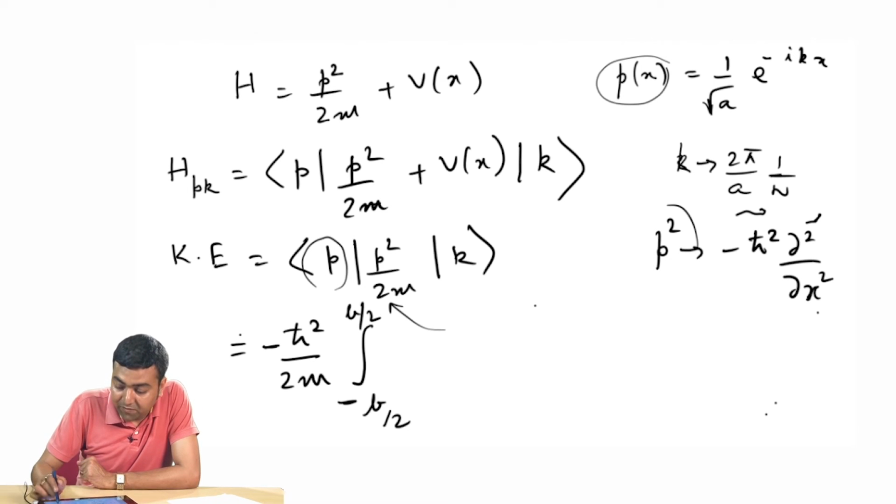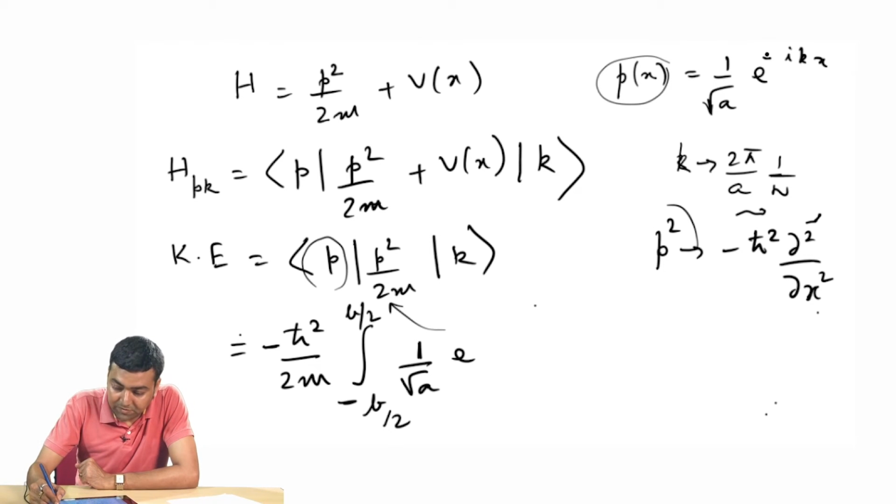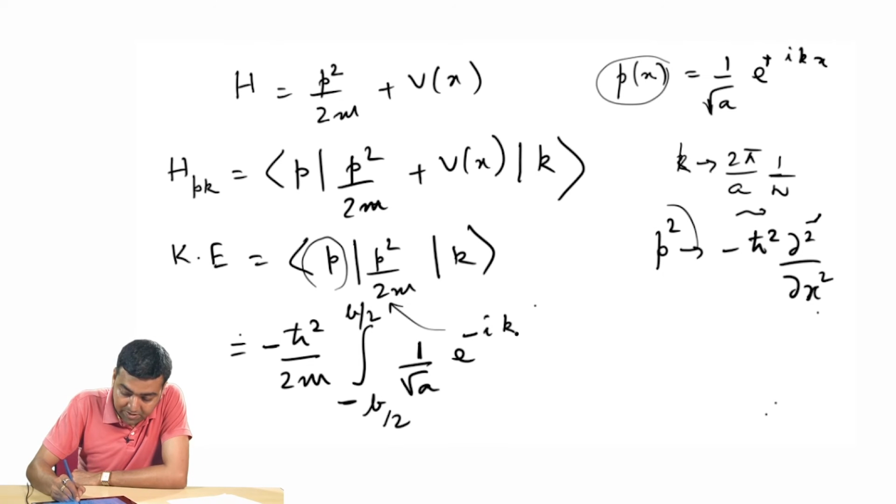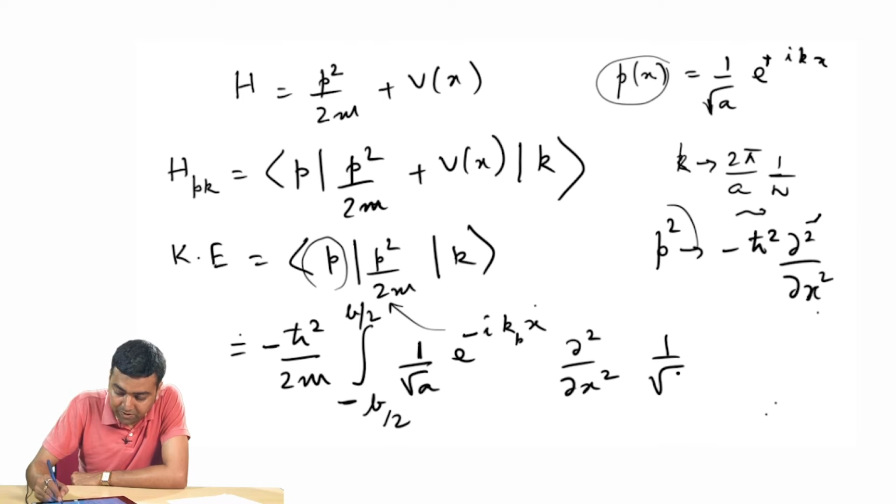This will be the complex conjugate of this function, that is 1 by root over a e to the power minus I k p x, it is a plane wave, then del 2 del x 2, then 1 by root over a e to the power I k x, then dx.